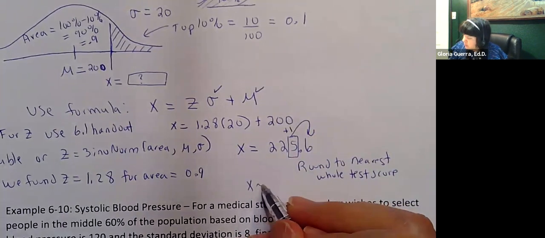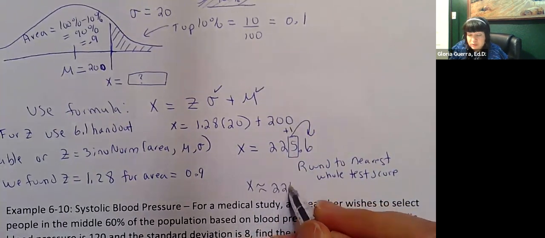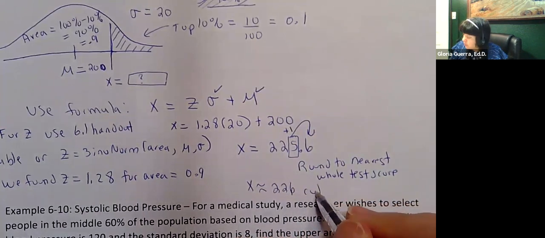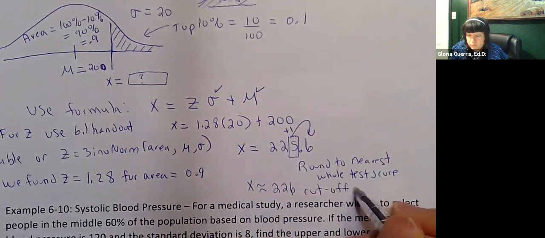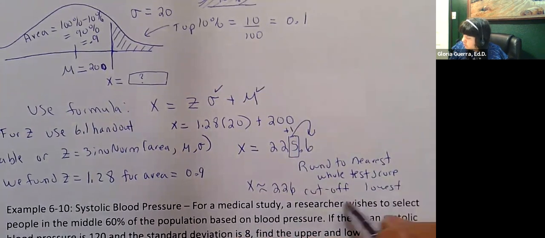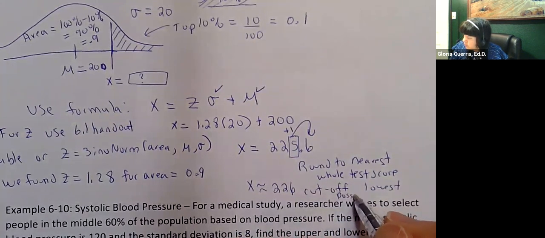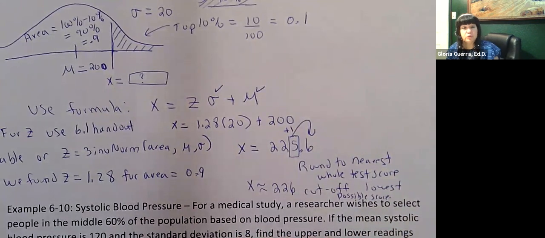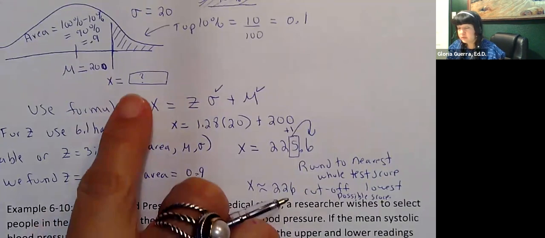So X is about 226. And that's your cutoff, the lowest possible score. So if somebody makes 225, they won't get accepted. It has to be 226 or higher. And that's this right here.